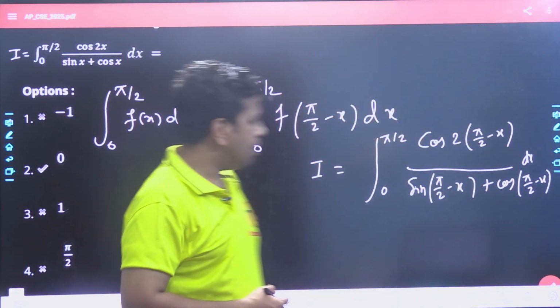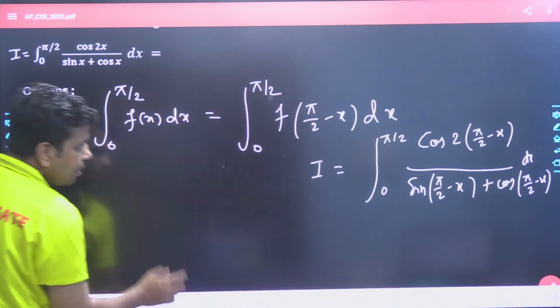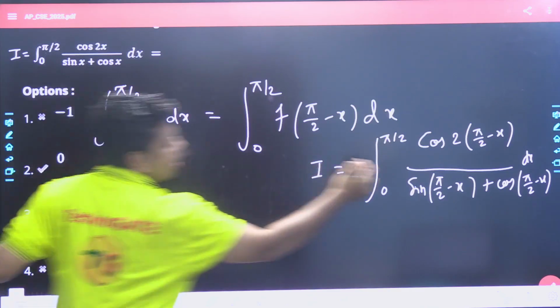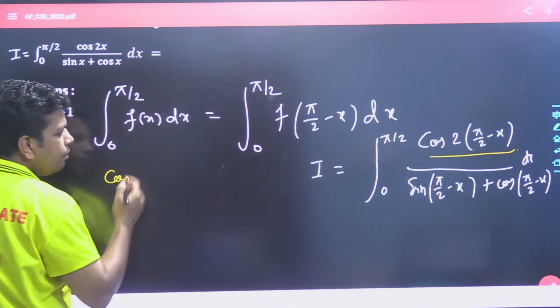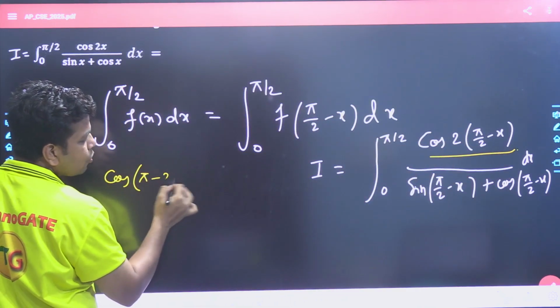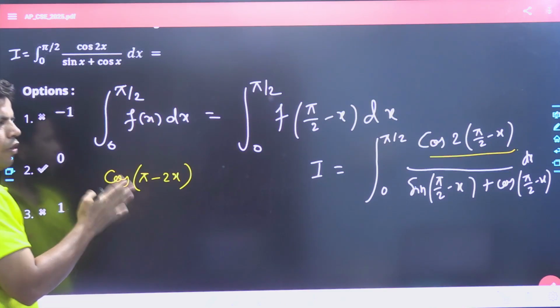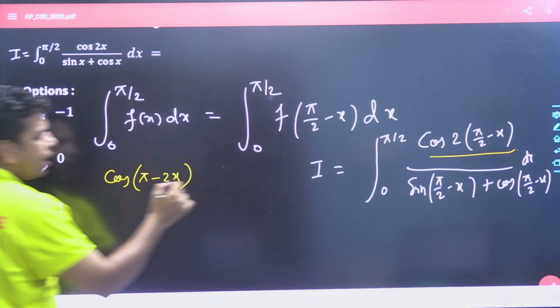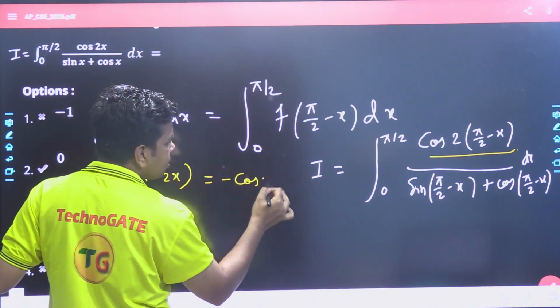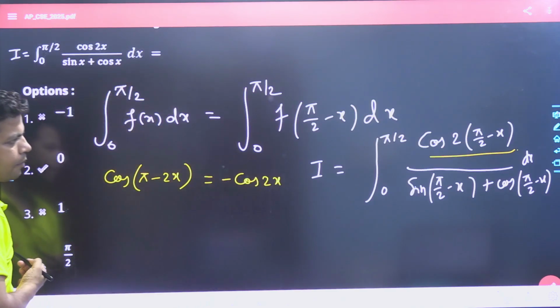Let's see. Just look at this numerator term: can we write it as cos(pi minus 2x)? cos 180 minus theta becomes minus cos theta.